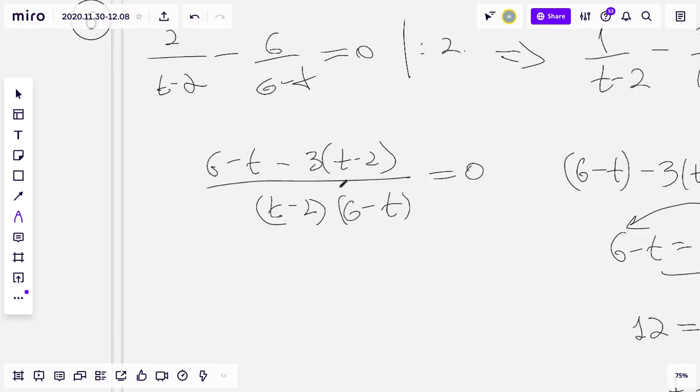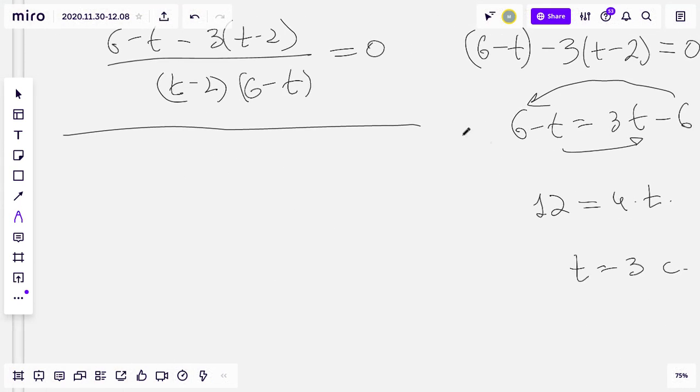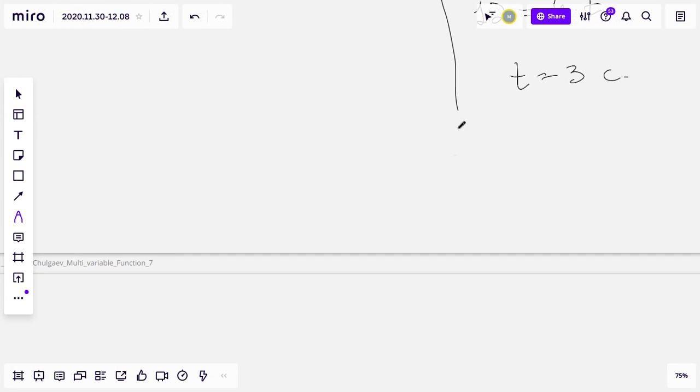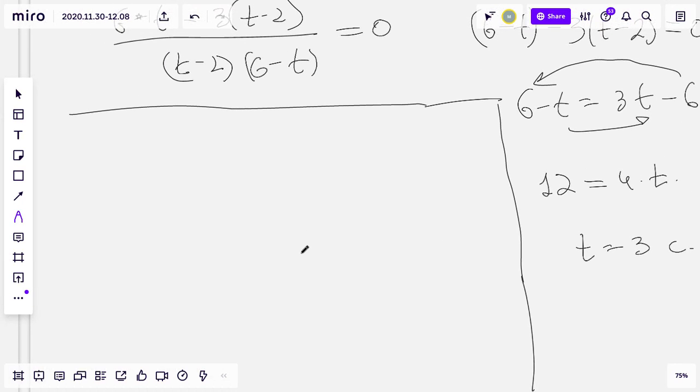Also I'd like to present a solution which we use in Russia, I think in Europe too. The Russian School of Physics and Mathematics, the former Soviet Union school, was one of the strongest physics and mathematics schools in the world. Okay, what do we do this time?